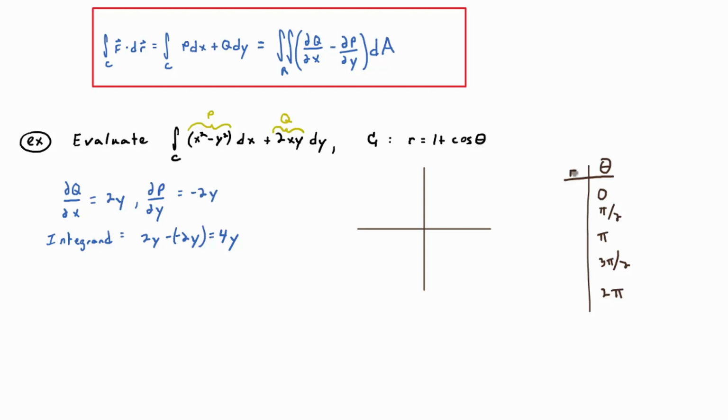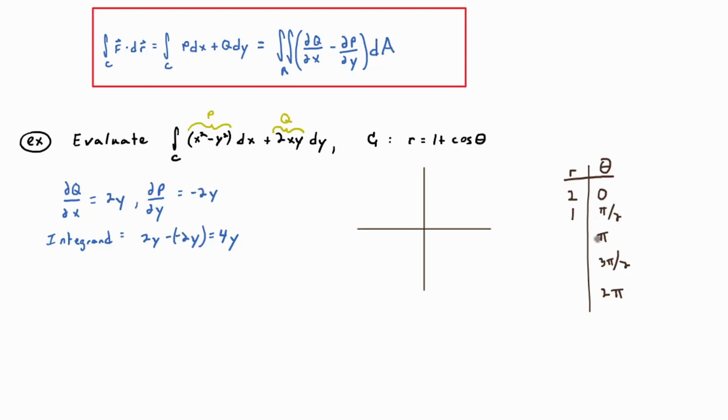Remember, we're plugging in theta because this thing's solved for r in terms of theta. R equals 1 plus cosine theta. So, okay, what's the cosine of 0? 1 plus 1, 2, so r is 2. Okay, plug in pi over 2, what do you get for r? Just 1, because cosine of pi over 2 is 0 plus 1.